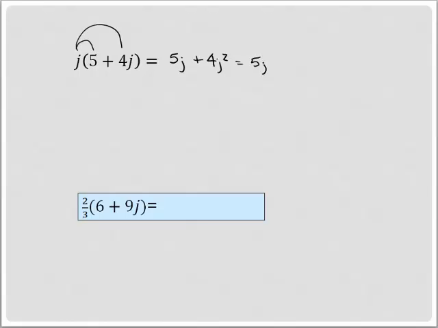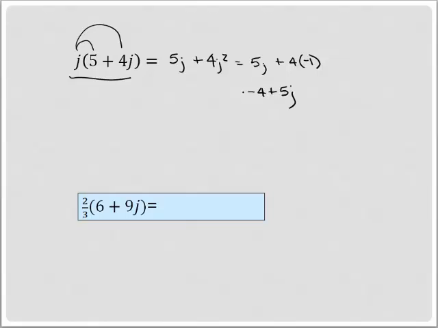So we've got 5j plus 4 times negative 1. So we'll rewrite this into normal nomenclature that future videos will be working with. Negative 4 plus 5j. That is the answer to this equation.